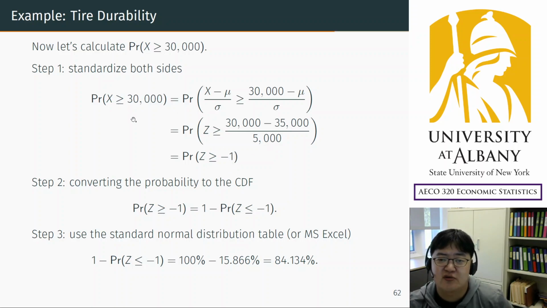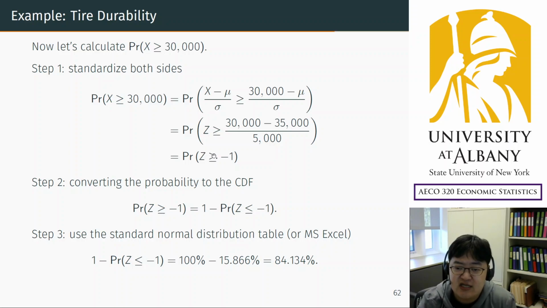So after the standardization, this original probability you wanted to calculate becomes a different probability, expressed based on the standard normal distribution. Now, the problem is it is not a cumulative probability. A cumulative probability must be expressed as Z smaller than something, but this is Z greater than -1.